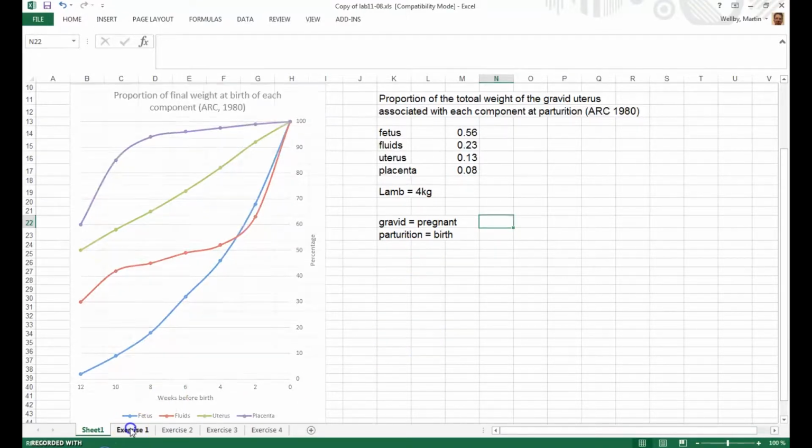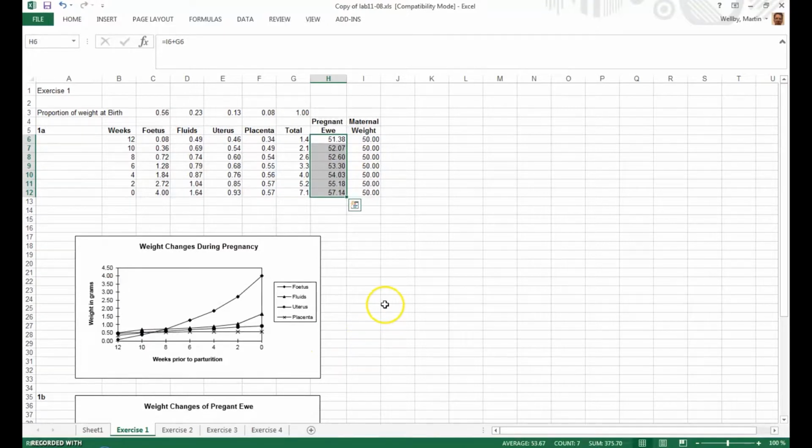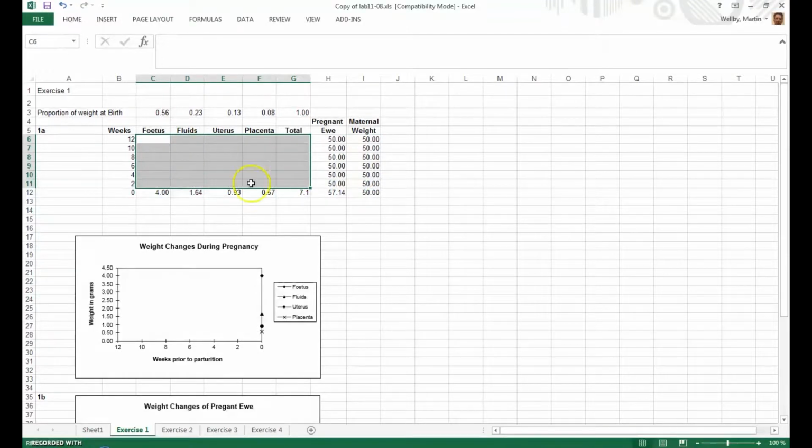So let's have a look at the exercise that we have to do. Okay, I've already filled this in, so I'll just get rid of this here and work through it and show you exactly how we get to these numbers.